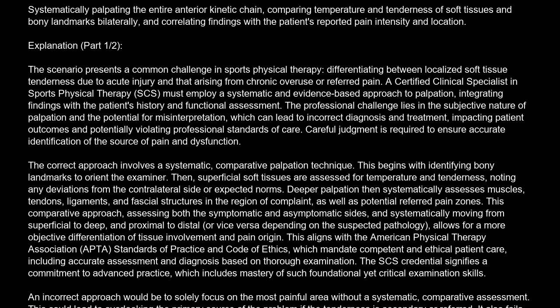This comparative approach, assessing both the symptomatic and asymptomatic sides, and systematically moving from superficial to deep, and proximal to distal, or vice versa, depending on the suspected pathology, allows for a more objective differentiation of tissue involvement and pain origin. This aligns with the American Physical Therapy Association, APTA, Standards of Practice and Code of Ethics, which mandate competent and ethical patient care, including accurate assessment and diagnosis based on thorough examination. The SCS credential signifies a commitment to advanced practice, which includes mastery of such foundational yet critical examination skills.